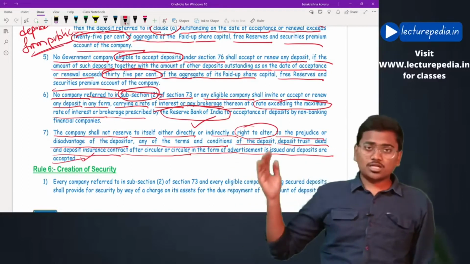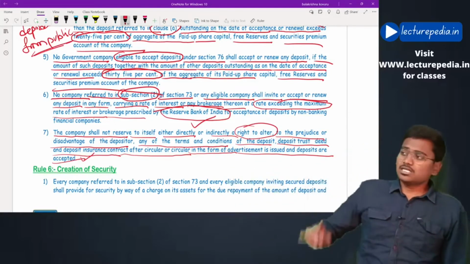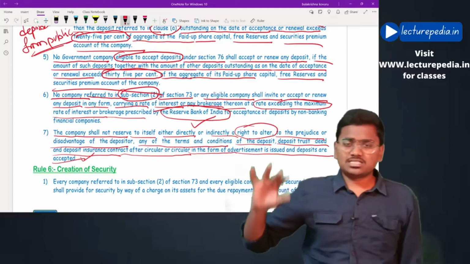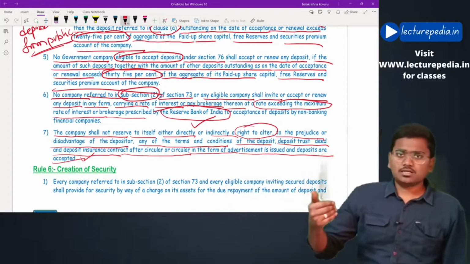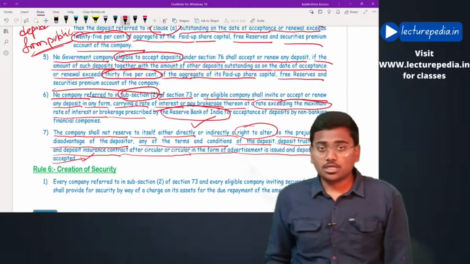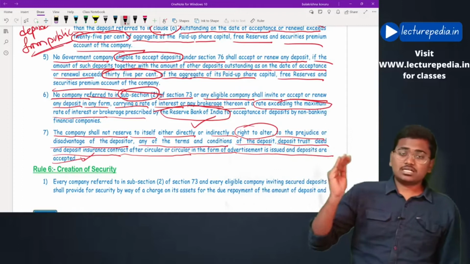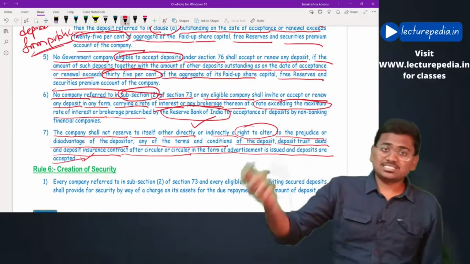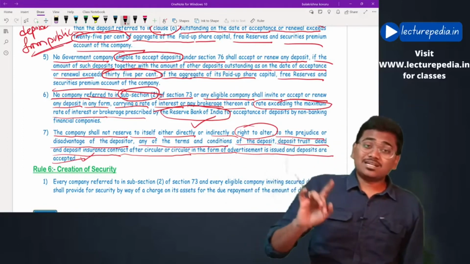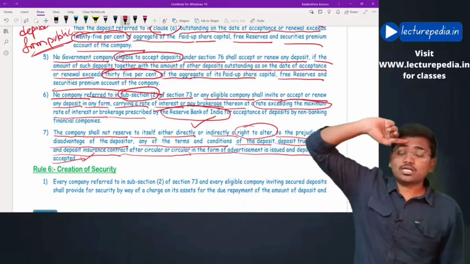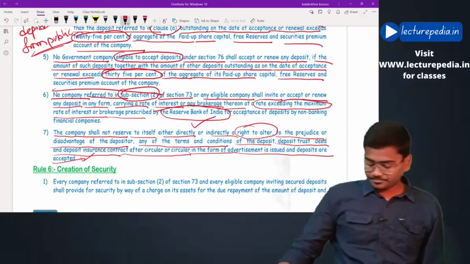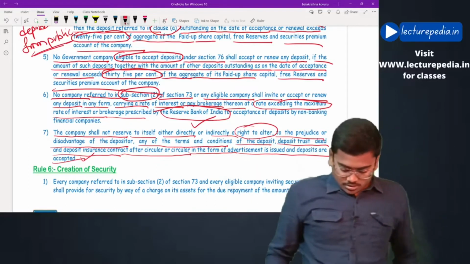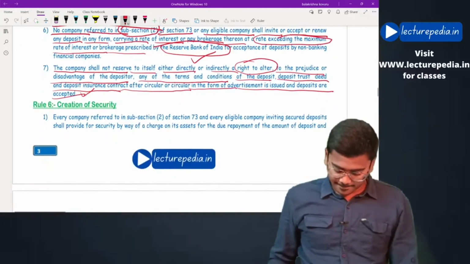In that circular there will be the terms and conditions applicable to the deposits, and various other aspects related to deposits. After circulating the advertisement and raising the deposits, the terms and conditions specified in that circular should not be altered by the company. Hope this is clear.